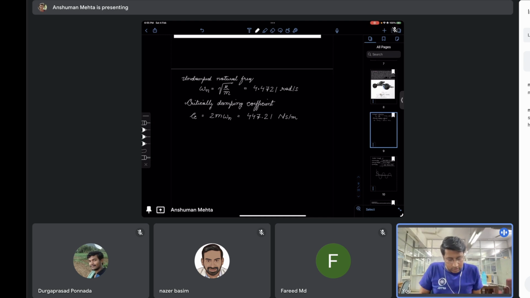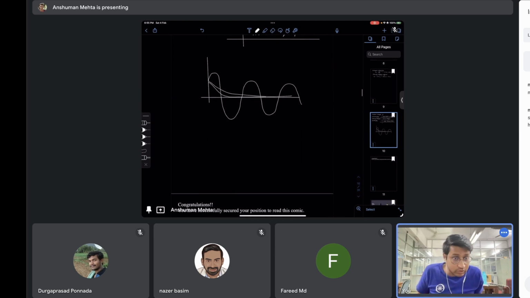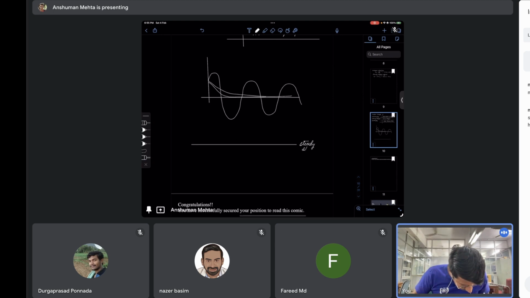So cruise control is a nice topic in which first we will define a steady state. So let's say this is our steady state, and whatever perturbation will happen because of a gust or any maneuver which we are doing, we will lose that steady state and we will come to a new unstable regime.